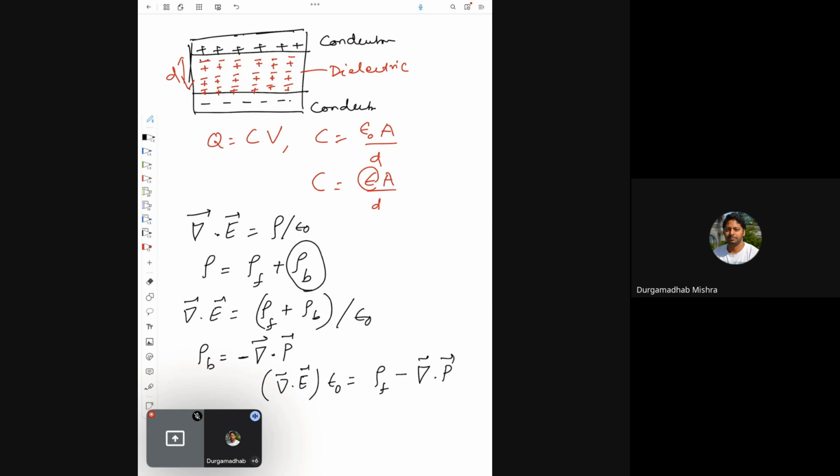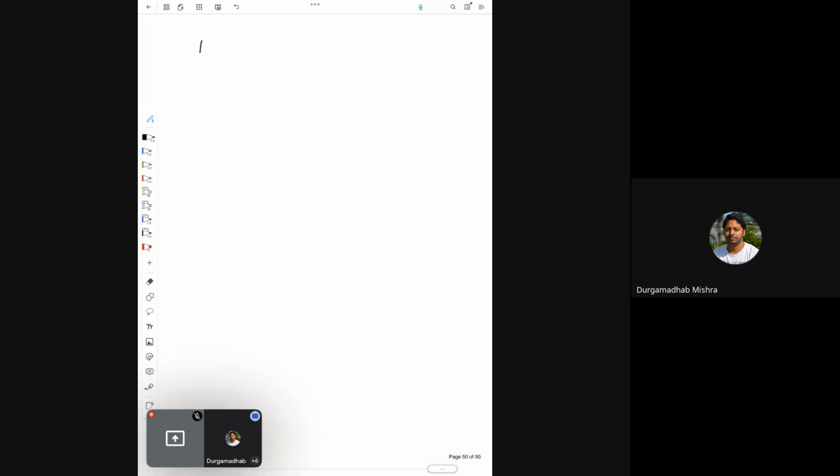If I take the divergence term to the left hand side, I have del dot of epsilon naught E plus P is equal to rho F, which defines a new vector D, so del dot D is equal to rho F. This D vector, which we write as epsilon naught E plus P, is called the electric displacement vector.